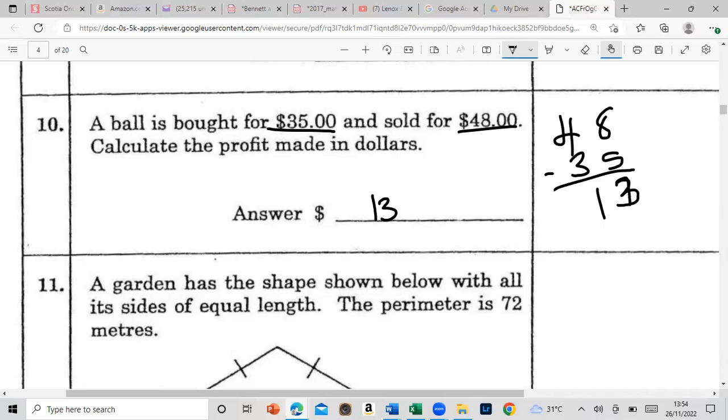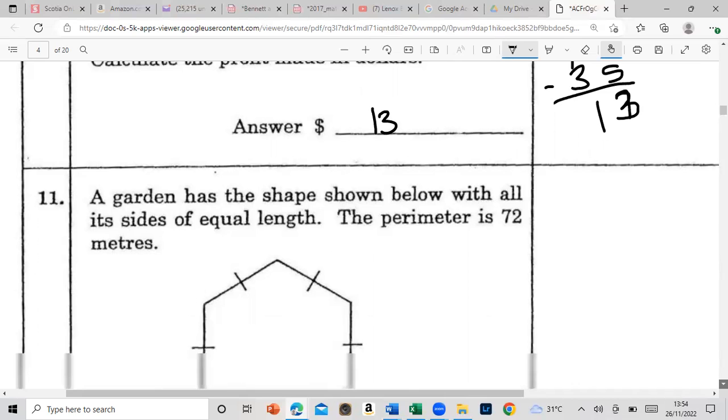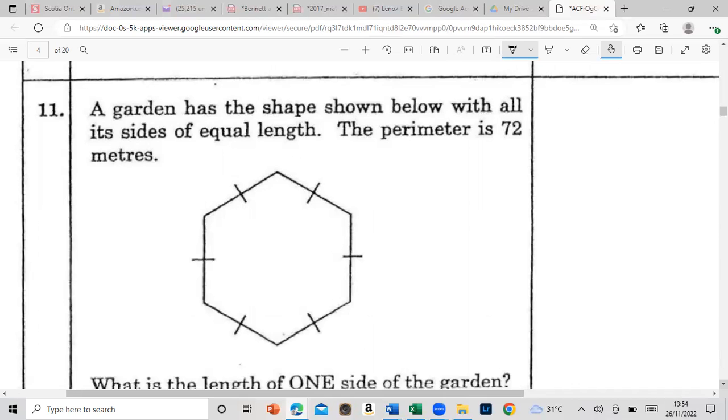Let's move on to number 11. A garden has the shape shown below with all its sides equal in length. The perimeter is 72 meters. What is the length of one of the sides? So first we need to establish a garden. This is actually one side, guys. Alright, this little thing here is just indicating that these sides are equal.